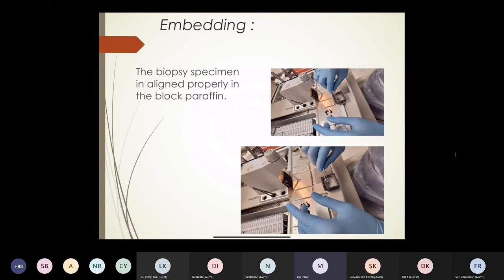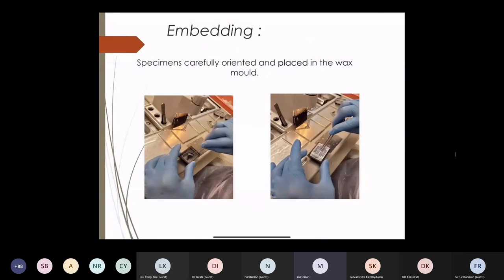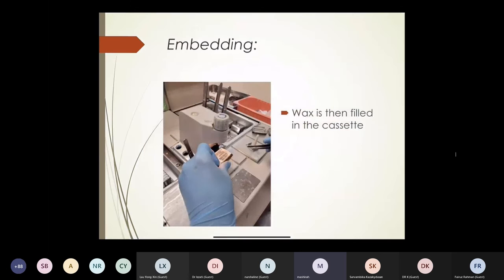The biopsy specimen must be aligned properly in the wax block. Finally, it is filled with wax.